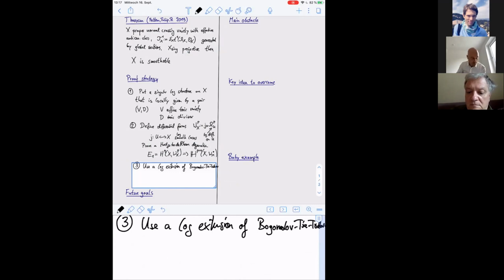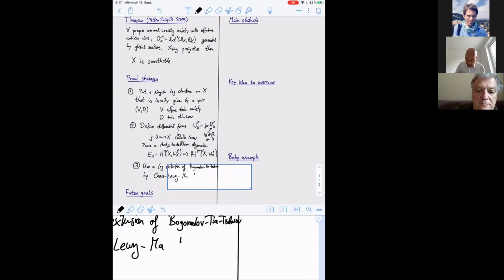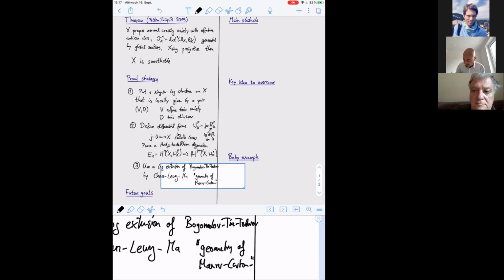So that's not an entirely trivial step, but there exists an extension to the log geometry for this Bogomolov-Tian-Todorov theorem, and that was done by Chan-Leung Lee, very recently, in their work that has the title Geometry of the Maurer-Cartan Equation, and so on. So the title is a little longer, but that's the final step.